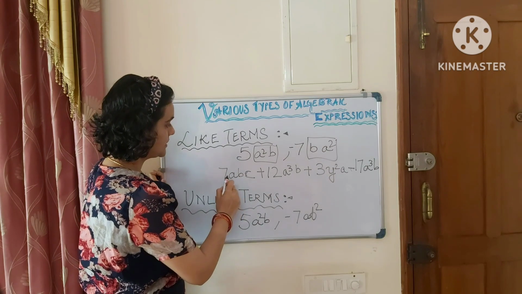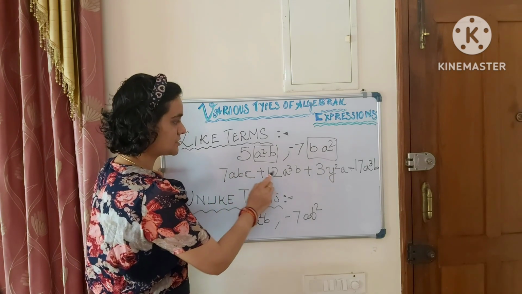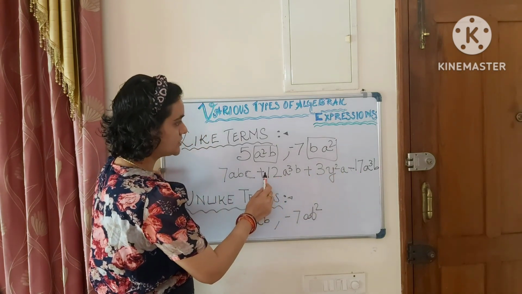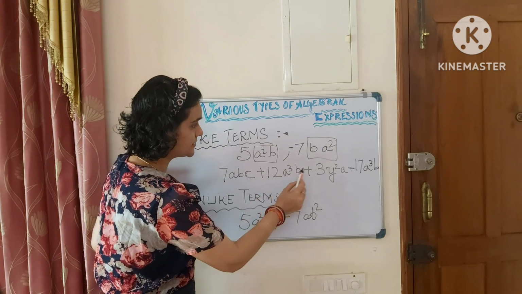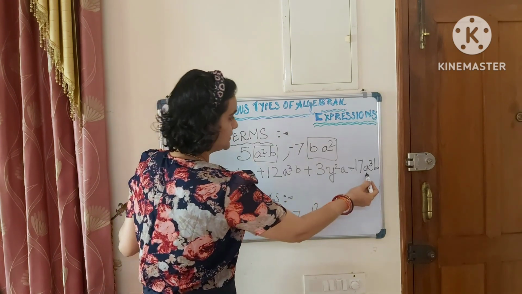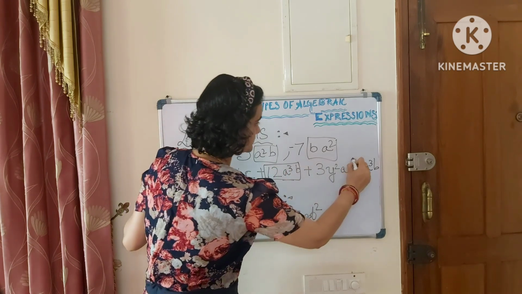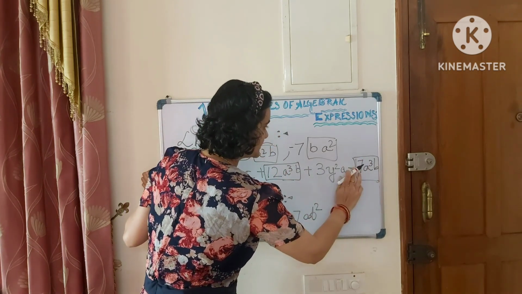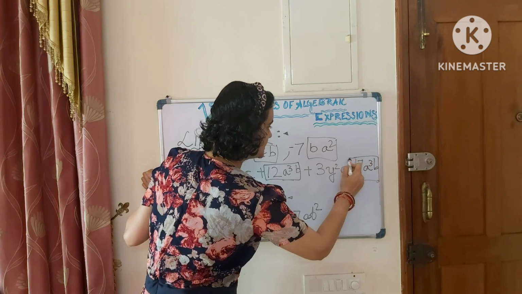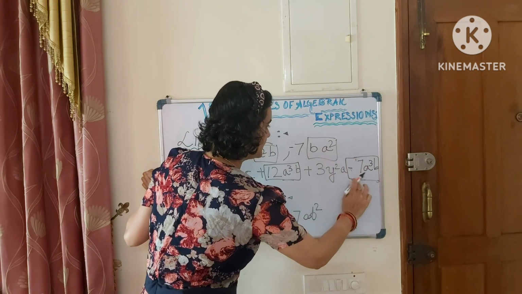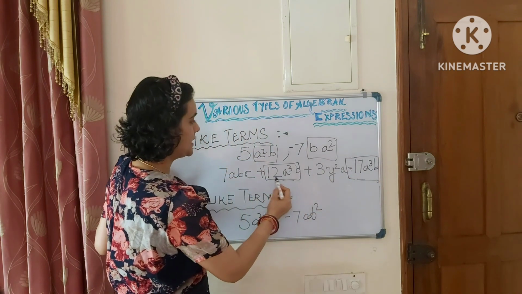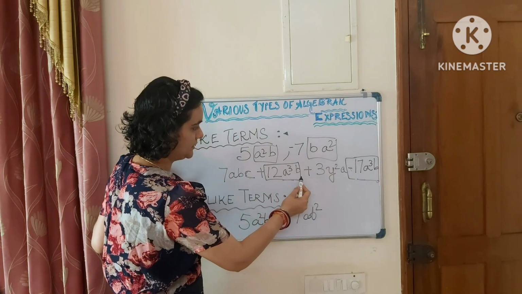In this case, 7abc does not have a like term. Let's look at 12a cube b. Yes, 12a cube b and the last term, these are two like terms in it, right? This one is -17a cube b and this is 12a cube b.